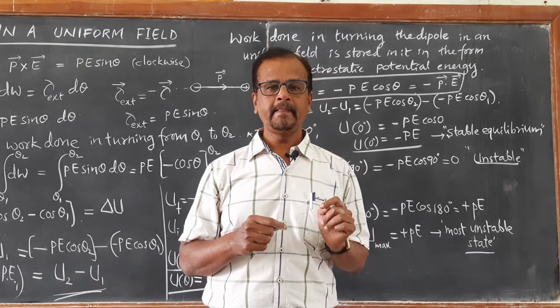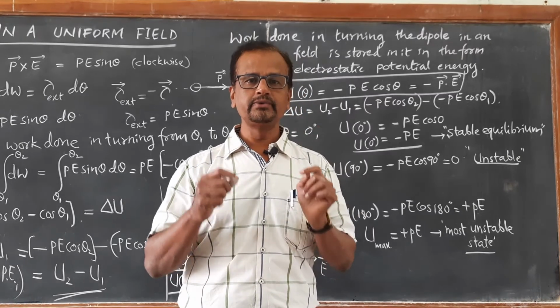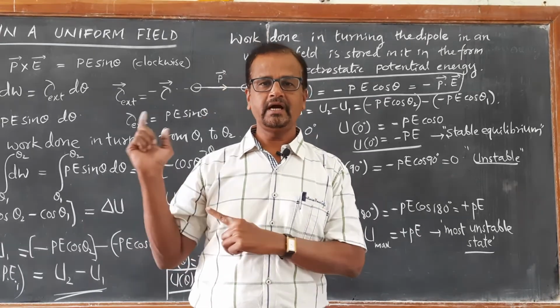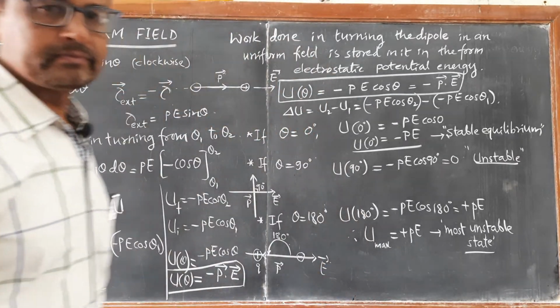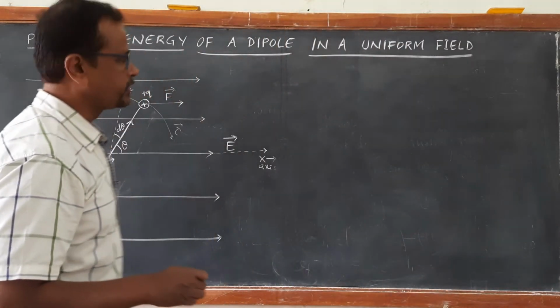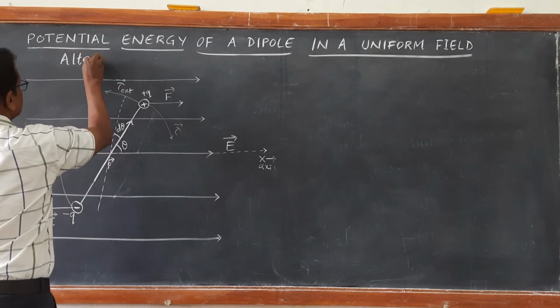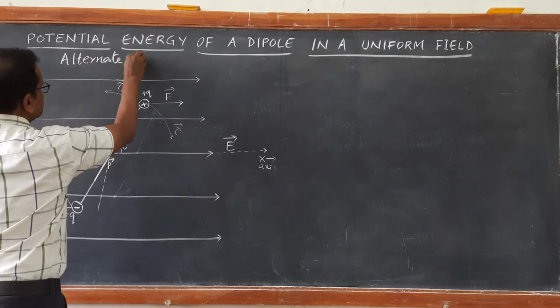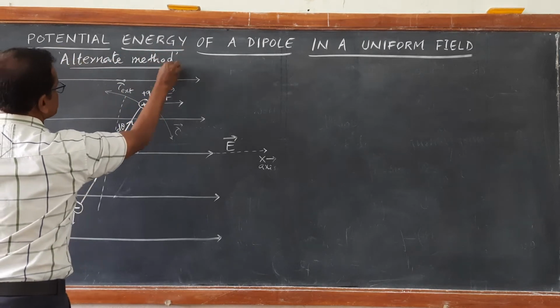Potential energy difference we will calculate with the values of actual potentials at those positions of positive charge and negative charge. We can derive the same expression by another alternate method. Right? Let us see this alternate method.